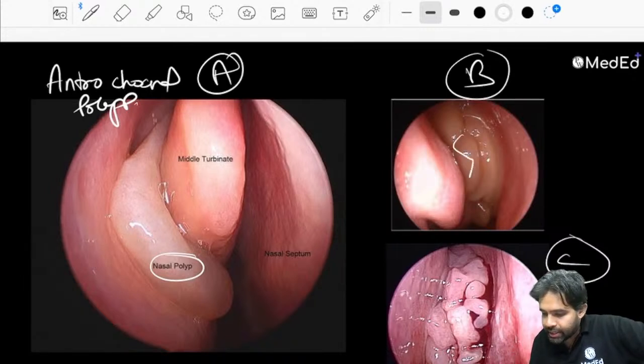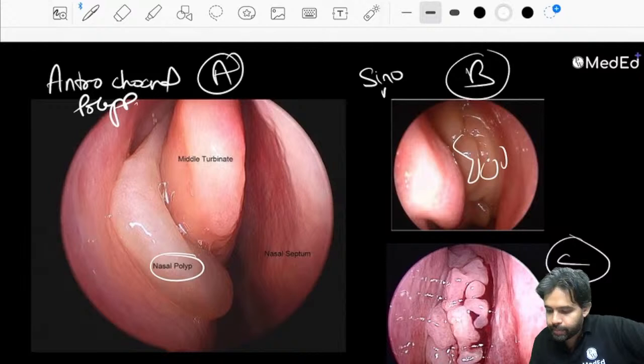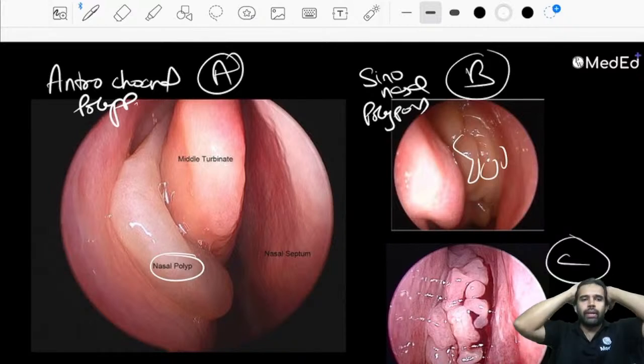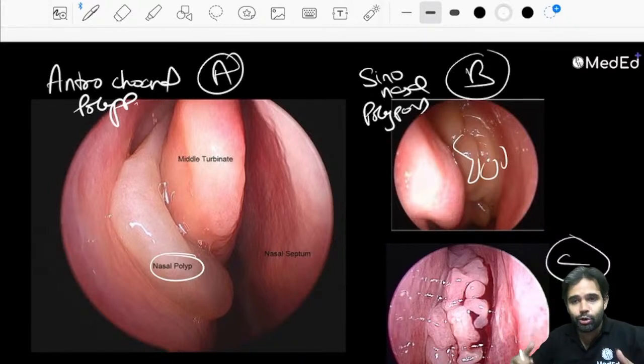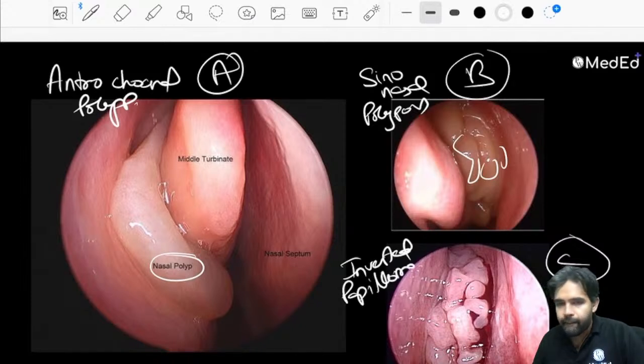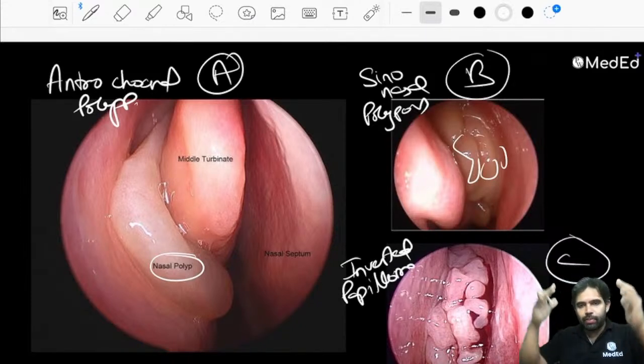Whereas B, you can see that there are multiple polyps. So this is sinonasal polyposis. This number C has been asked so many times, guys. I have not seen it that many times in real life, but because it is an interesting question, inverted papilloma. Where it is the papillary structures, but they're inverted.